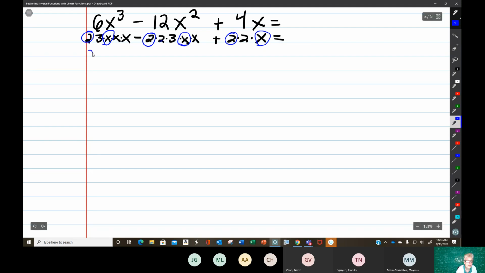So I pull out the 2x, greatest common factor, and then I make parentheses where I'm going to put the leftovers. I'll have a 3 here. x times x is x squared, so 3x squared minus 2 times 3 is 6 times x, so 6x, plus 2.